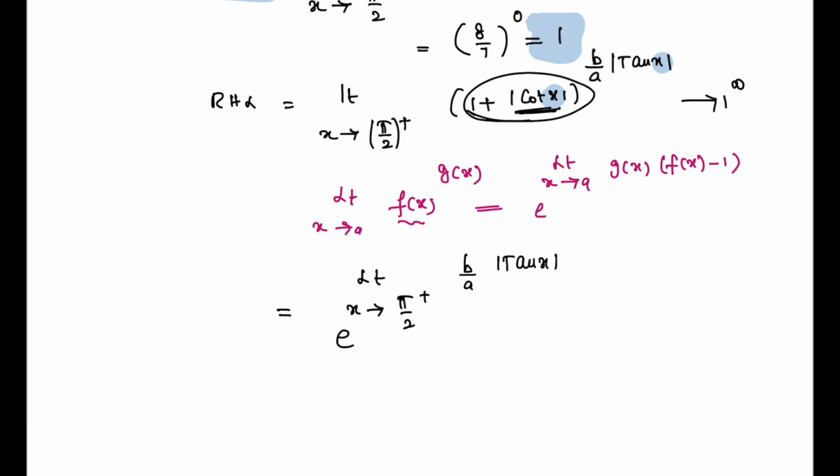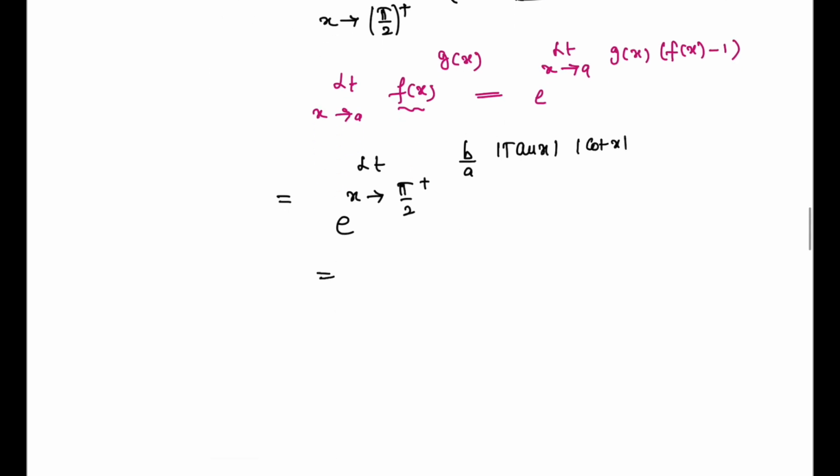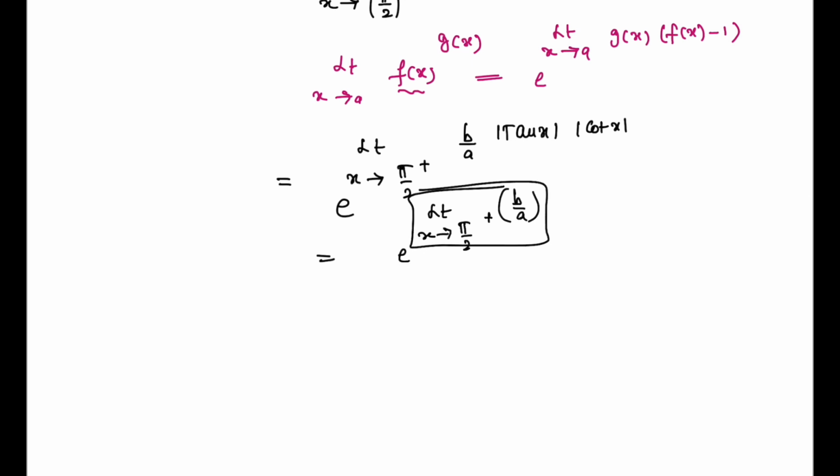The base function is 1 plus mod cot x, subtract 1 and you get mod cot x. But tan x and cot x are reciprocals of each other, so tan x into cot x is going to be 1. So e to the power of limit as x tends to pi by 2 plus of b by a, tan x into cot x is 1. Now the limit of a constant is itself, so this is e to the power of b by a.